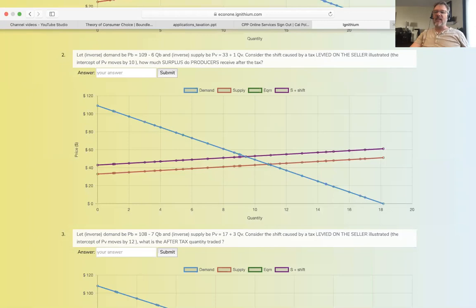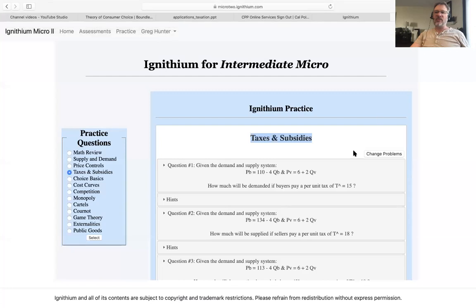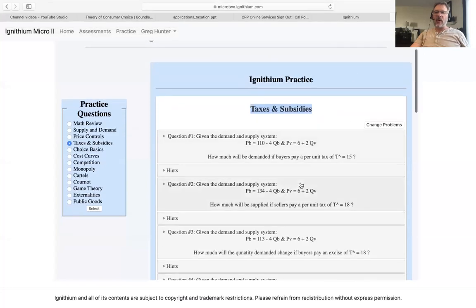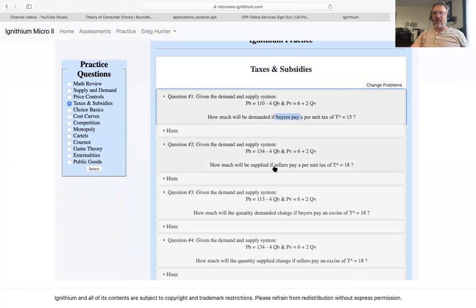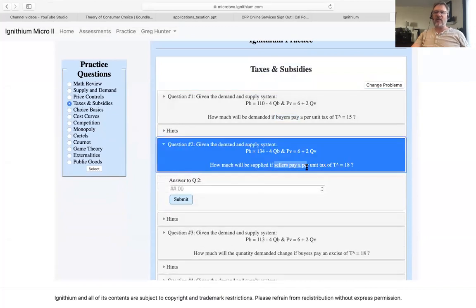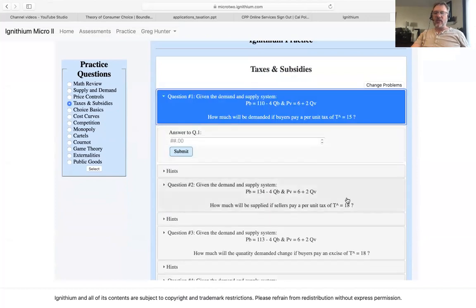If the problem says the buyer pays a per unit tax of 15, or seller pays, this is about how to model the tax. It turns out that one of the big overarching ideas is that it really doesn't matter who the tax is levied on.